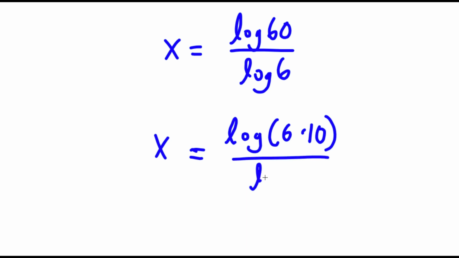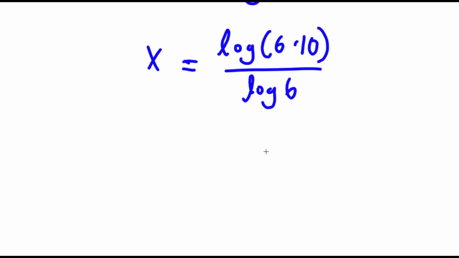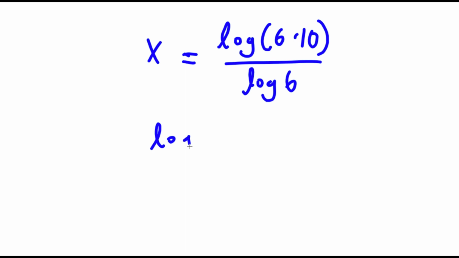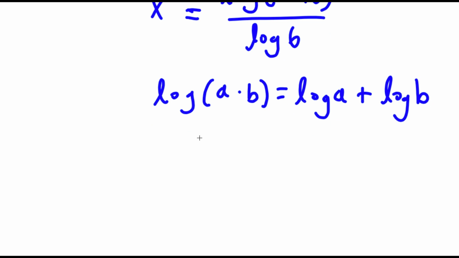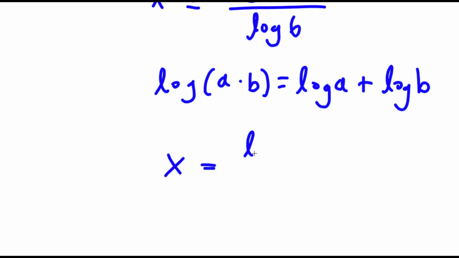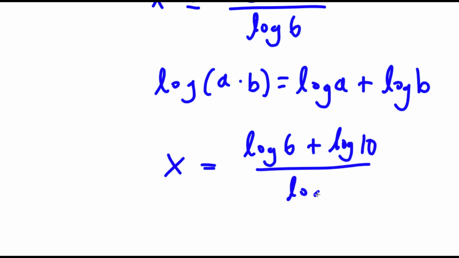Now I have this over log 6. So if I have something in the form log of a times b, this is equal to log a plus log b. So log 6 times 10, that's going to equal log 6 plus log 10. Now I have this over log 6.